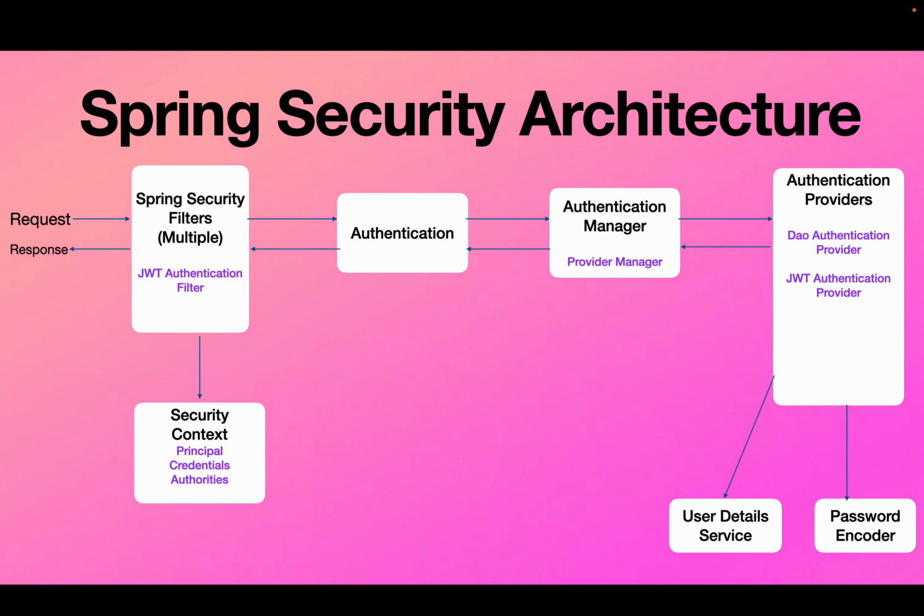Then they hand over the response, whether failure or success, to the authentication manager. The authentication manager in turn sends its response to the Spring Security filter, which saves it to the Spring Security context and then sends back the response.